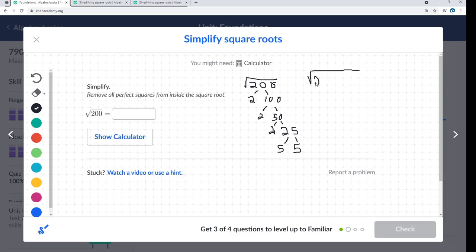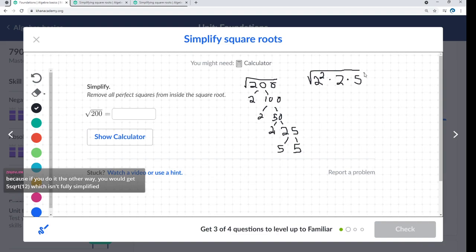to 2 squared times 2 times 5, or not 2 squared, 2 to the second power. Don't listen to me. Listen to your teachers, kids.